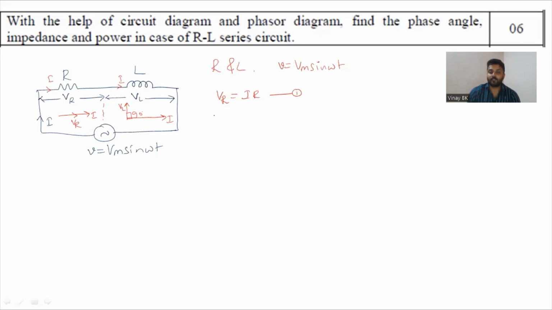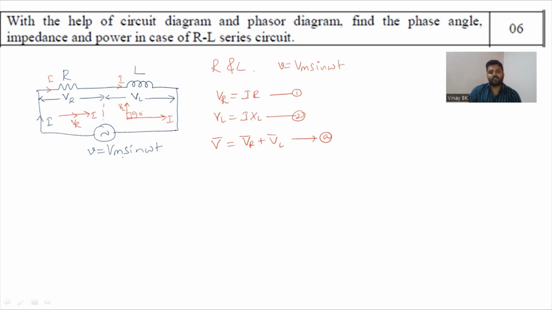Similarly, the voltage drop across L, you can write as VL equals I into XL. This is 2. So the total voltage is given by the vector sum of VR and VL, the total voltage across the circuit. This is equation number A for your reference.